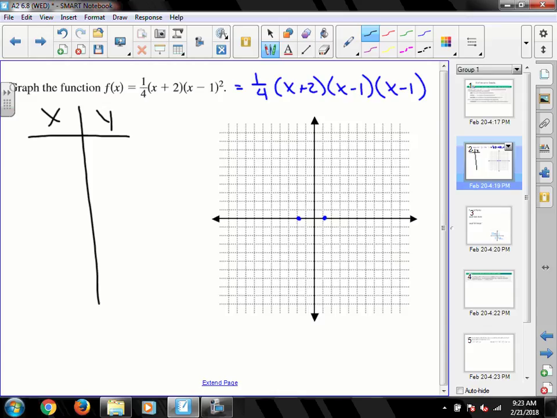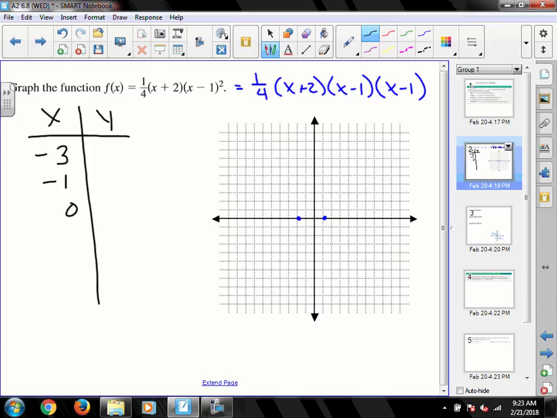Going to the left, I'm going to pick -3. In the middle, I'm going to pick -1 and 0. Oh, that's supposed to be a -1.